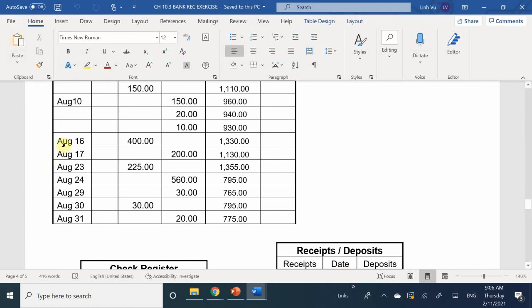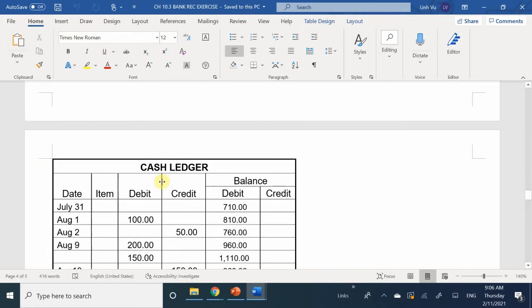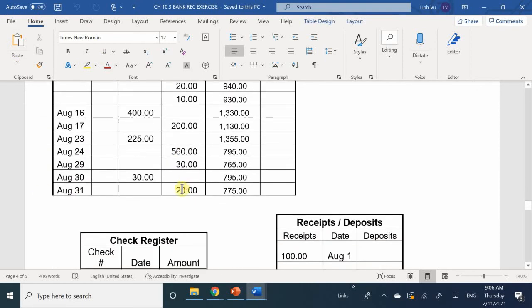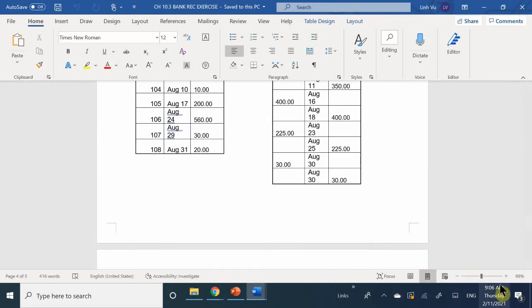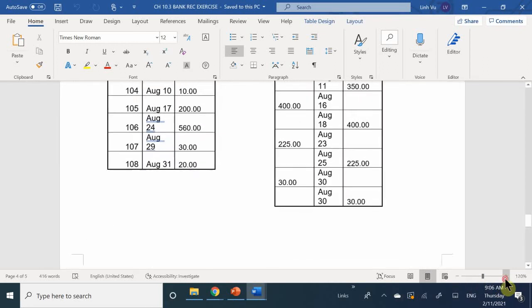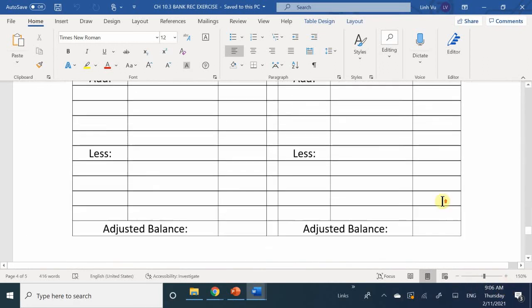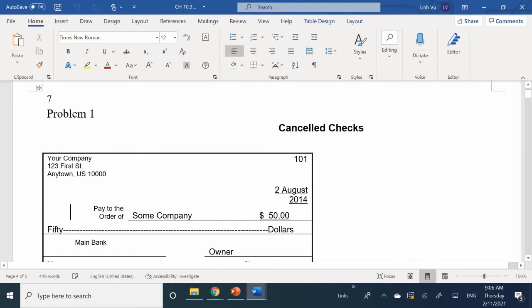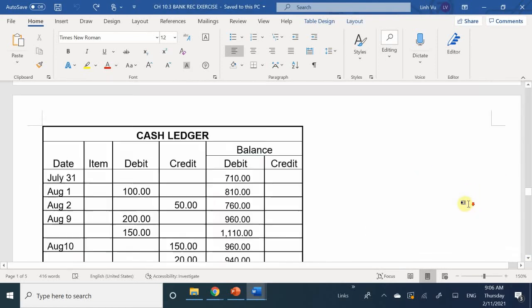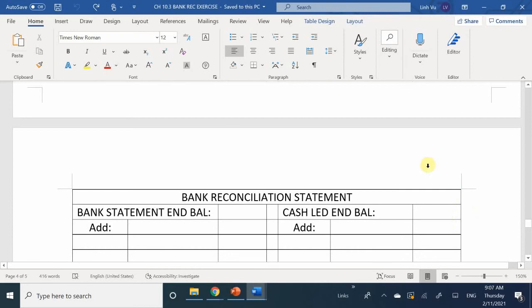On August 31st, I actually wrote out a check for $20, so my new ending balance is now $775. I'm going to go to my cash side and indicate that it should be 775.